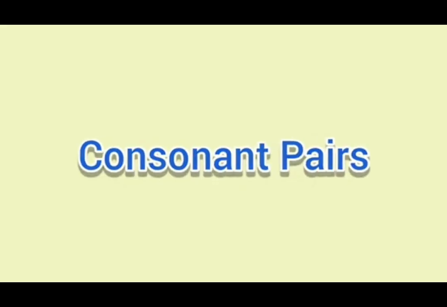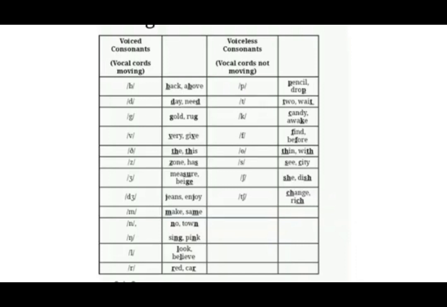Consonant pairs. Some consonant pairs are called voiced and voiceless. You can see in the table, there are p and b. B is voiced and p is voiceless. Examples: back, above, pencil and drop.